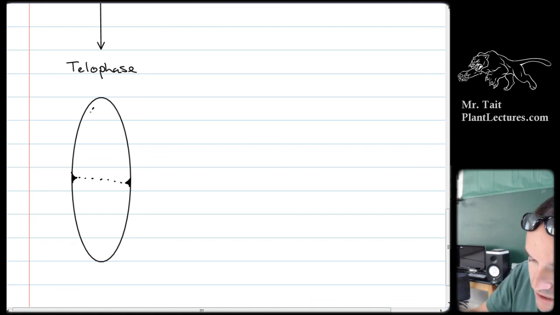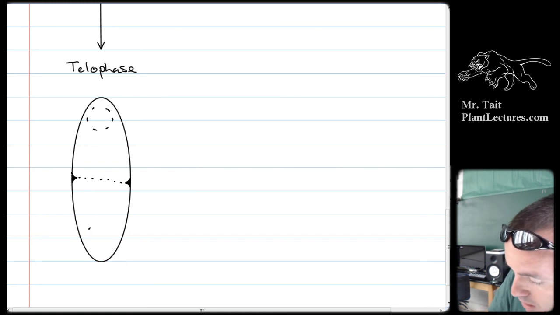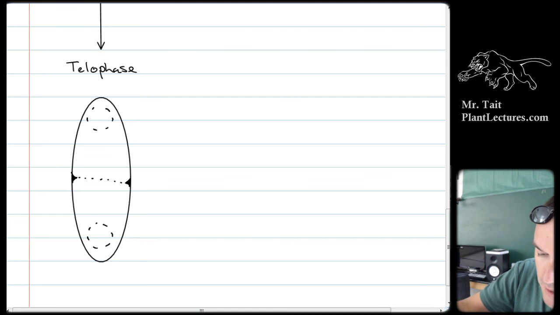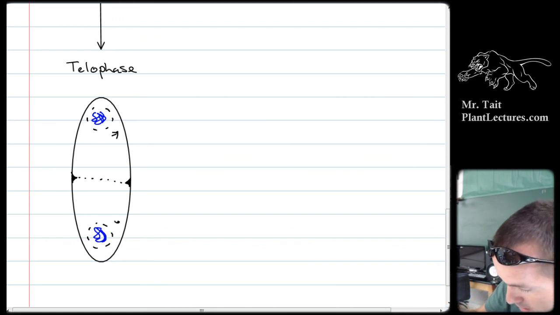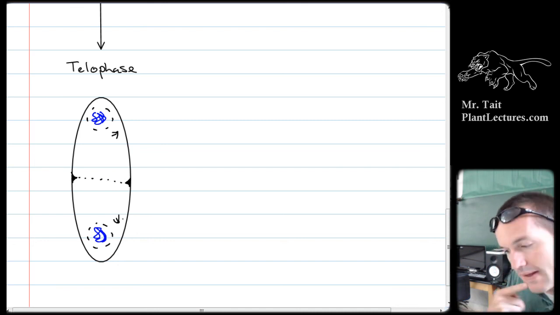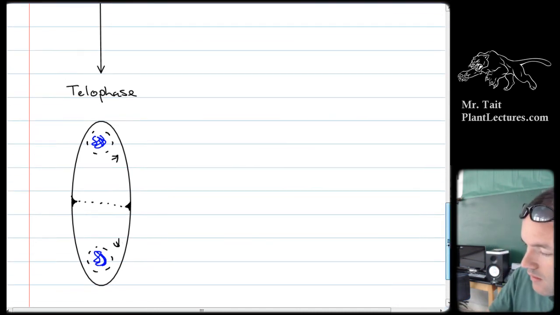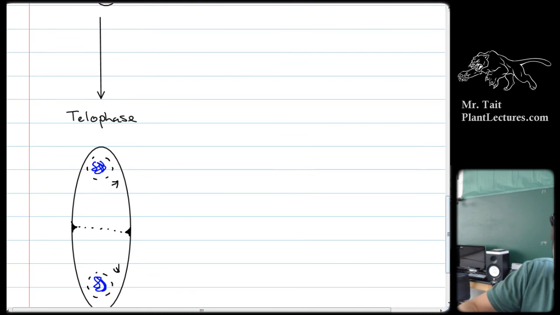Okay, so you start to see the nuclear envelope reappear. Okay, but it reappears now on both sides. Those chromosomes that we had before, they break back down into chromatin. You might see the spindle a little bit, but for the most part, the spindle is all broken down. So lots of important stuff happens here, right?